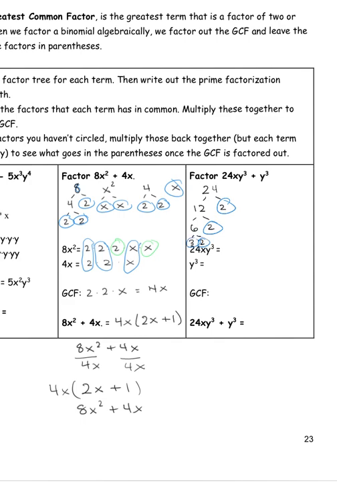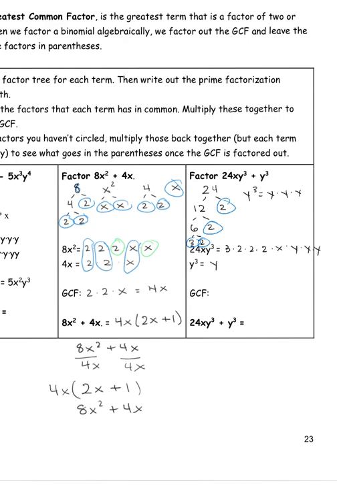I know that y cubed is just y times y times y. And again, y cubed is y times y times y. So when we look at 24, we have 3 times 2 times 2 times 2. And then, of course, we have to multiply by my x, which stays the same, and my y cubed.